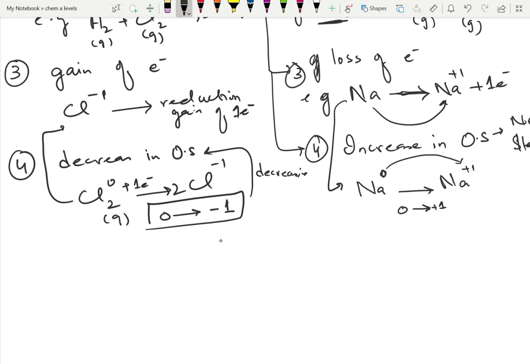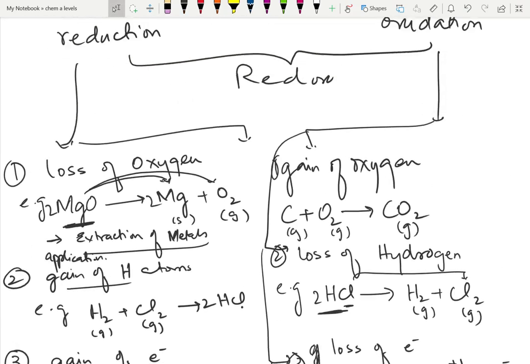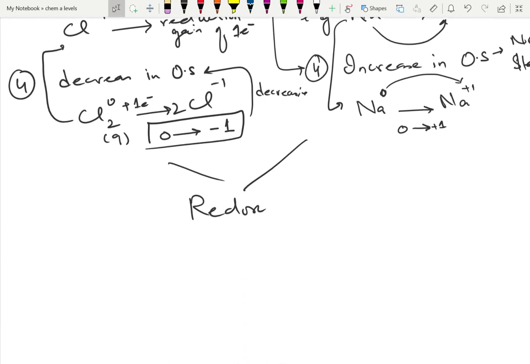Let's talk about an example of a redox reaction. We discussed oxidation and reduction separately. Let's get an example for a redox reaction where both of these reactions are taking place together.